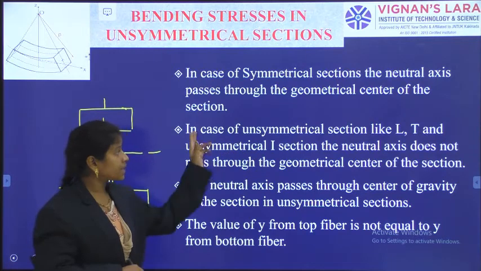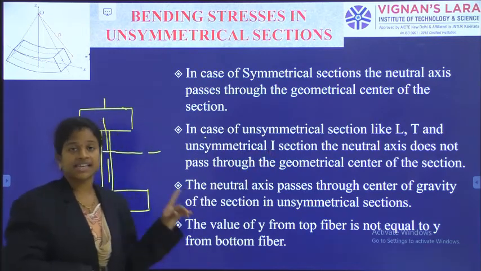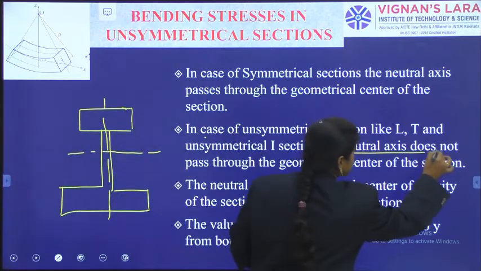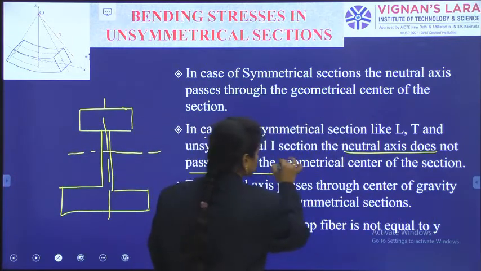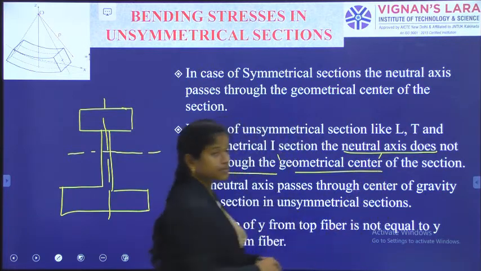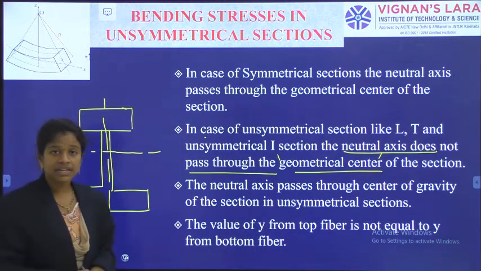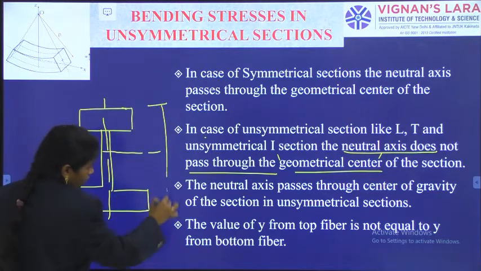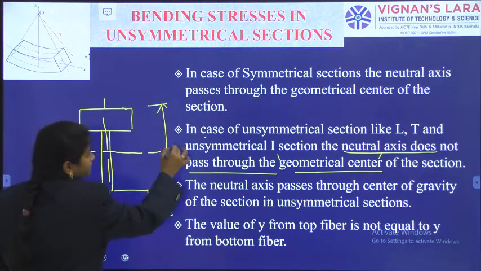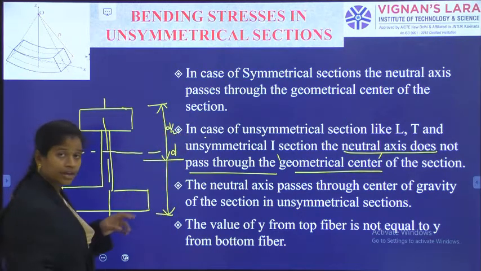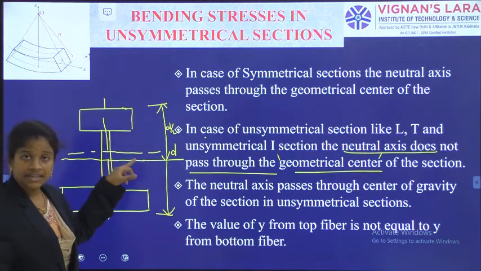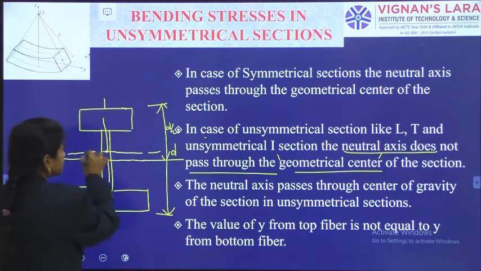So, in case of unsymmetrical sections such as L, T and unsymmetrical I, the neutral axis does not pass through the geometrical center. Geometrical center means total depth by 2. That line is the geometrical center line, and that is not passing through the centroidal line.